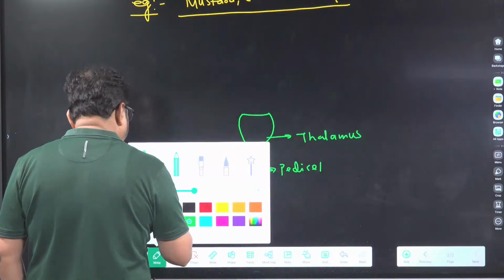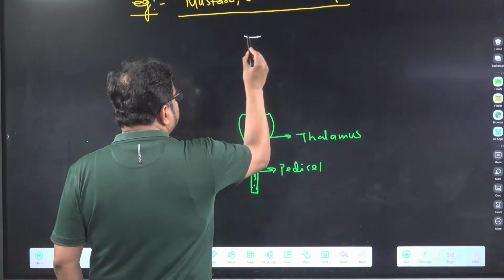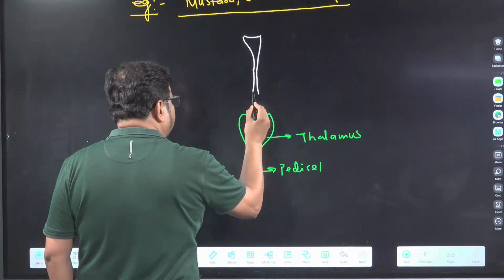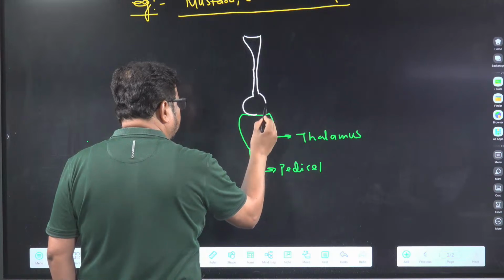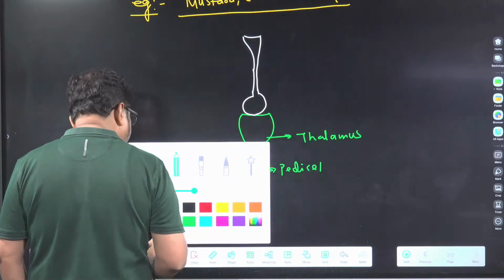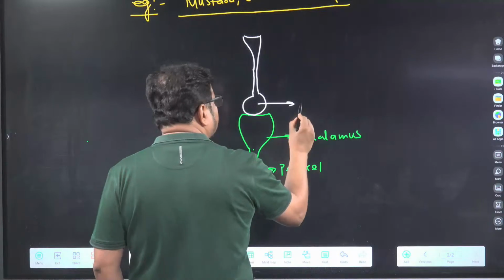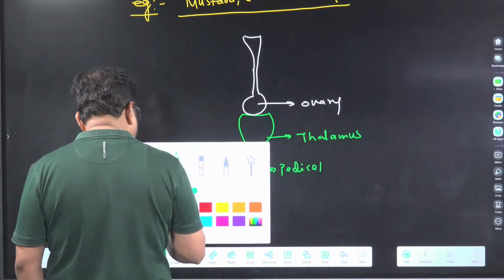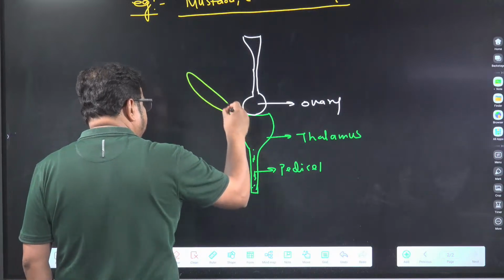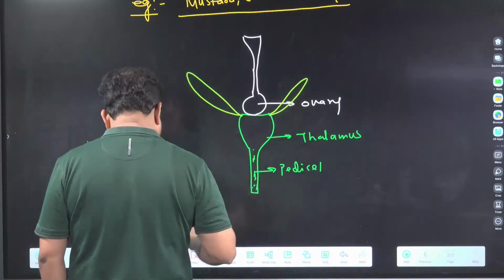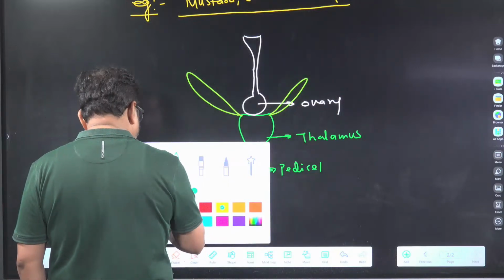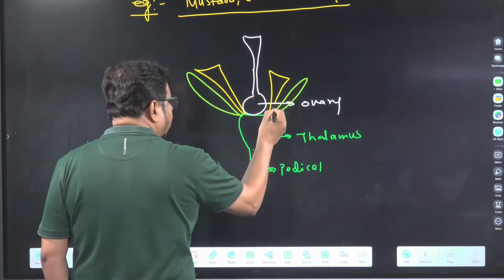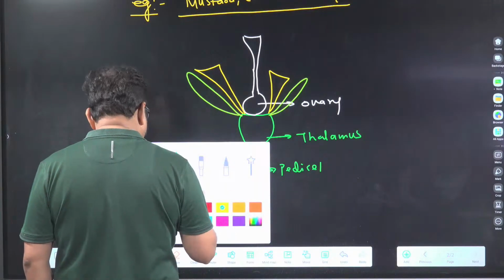And then I am drawing the ovary. Ovary is a part of the carpel or pistil, so I am drawing the entire female reproductive organ. This is the ovary. Now what about the other floral leaves? Look here. From here calyx is arising. From here assume corolla is arising. Now from here assume stamen is arising.